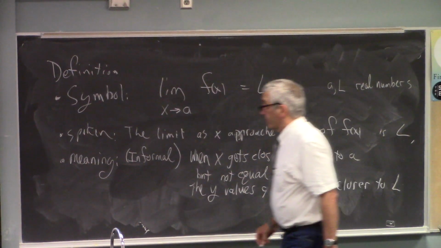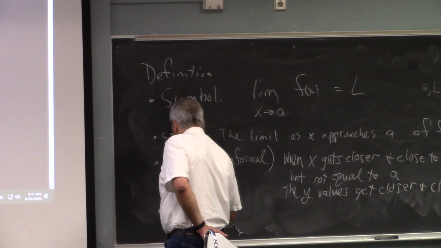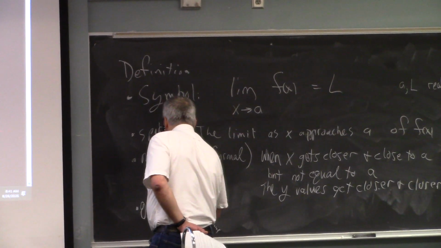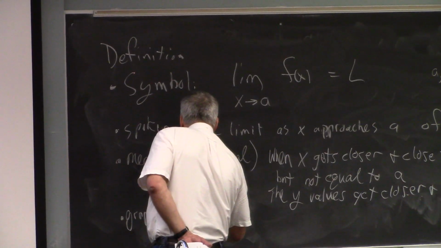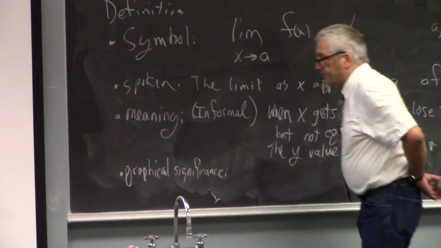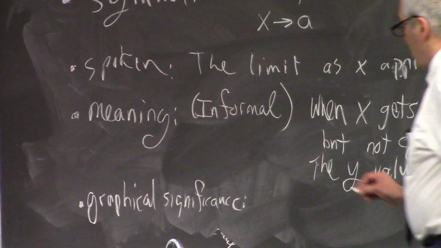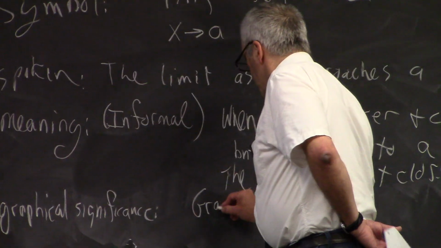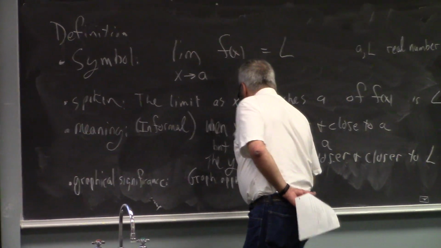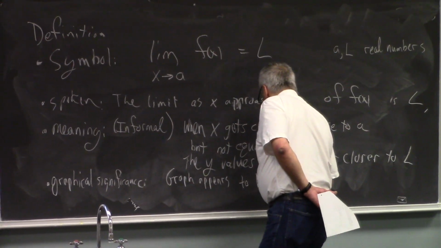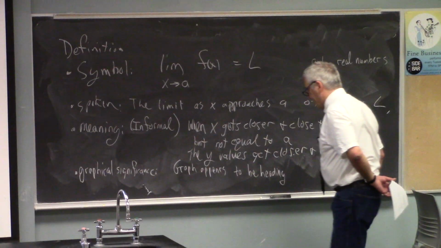Now, what this means for the graph, the graphical significance, is the graph appears to be heading for the location A comma L. And remember that I don't say heading for the point.